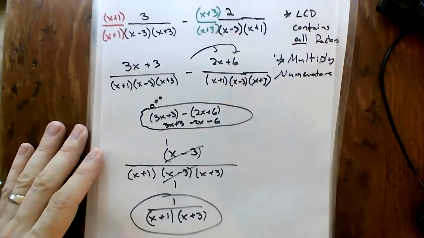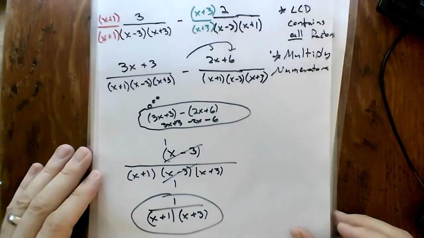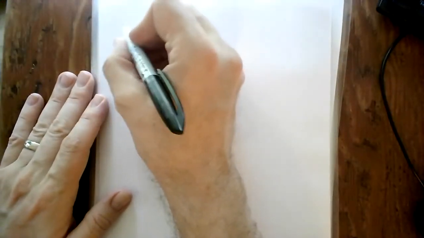So how about we do one more example to bring this home for us here. And let's do this one. This one is a little bit subtle, but I like it.